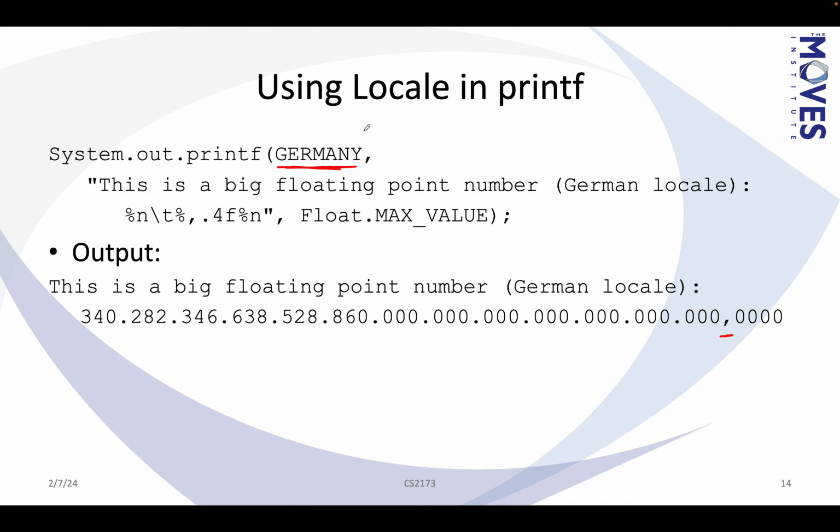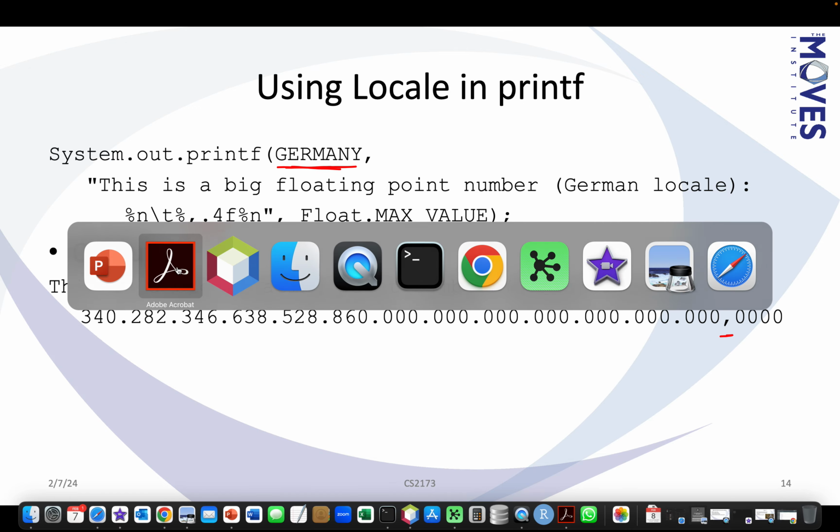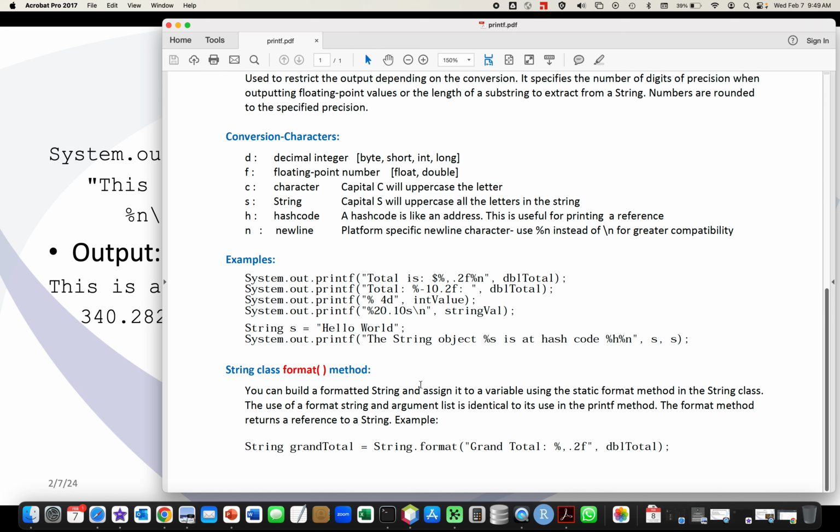Whatever the convention is, the code is exactly the same. I'm still saying I use a comma to indicate the things to the left of the decimal, and a decimal point to indicate how many decimal places I want, but it will use whatever locale is there to actually print. That's kind of nice. So I encourage you to use printf in that situation.